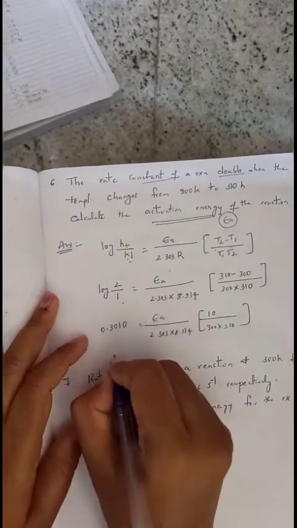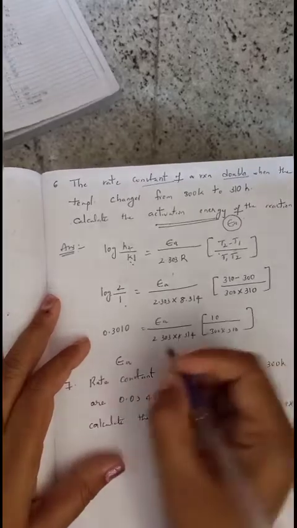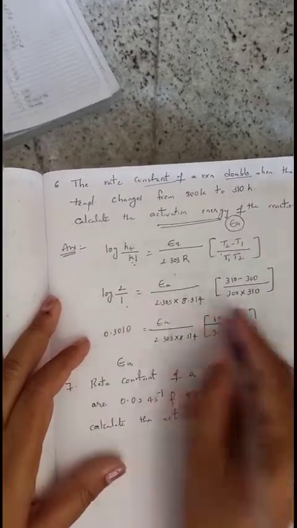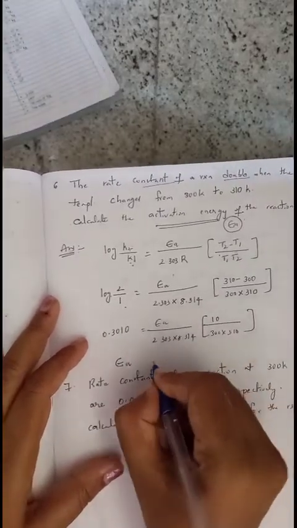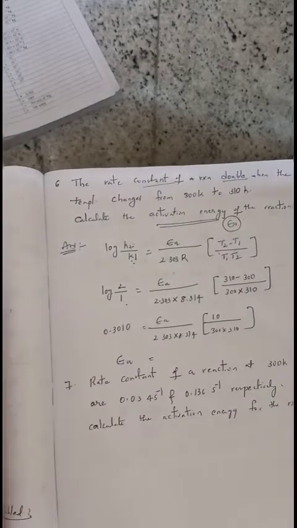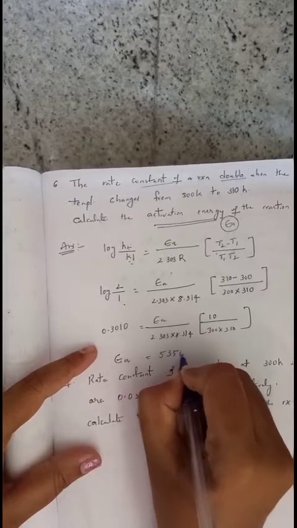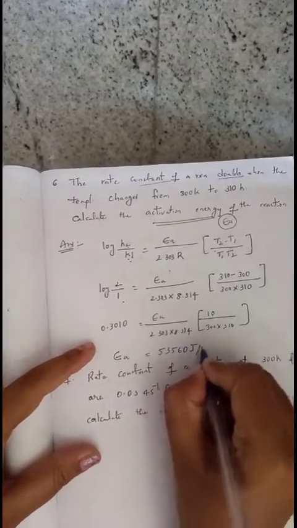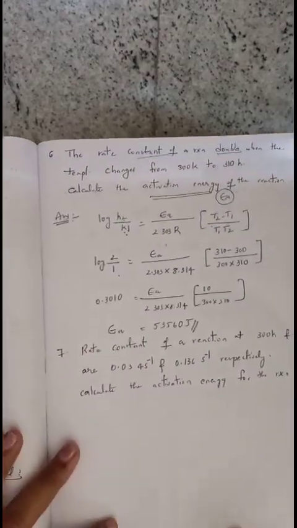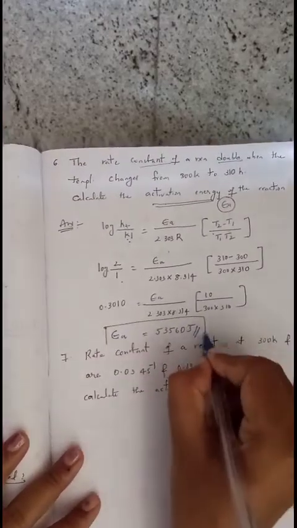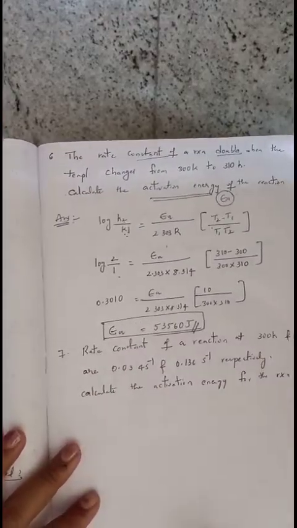What we want to find out is the EA value. After calculating all this, you will get EA equals 53560 joules. So this is the activation energy. By logarithms we can find out activation energy.